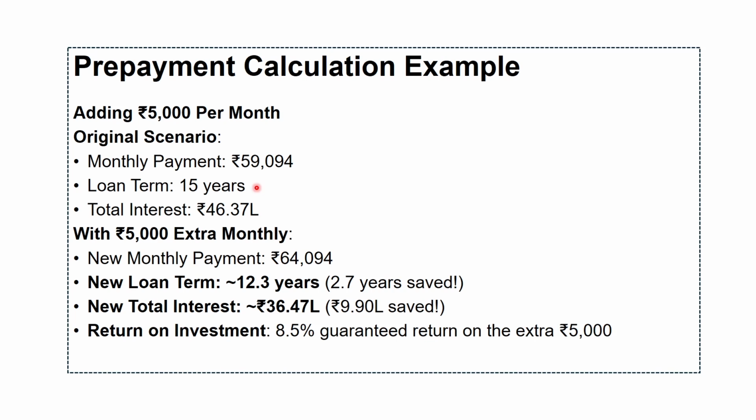For example, a Mumbai salaried professional prepaying 5,000 monthly achieves debt freedom faster. This saving is equivalent to earning 10 lakh tax free over 12 years, right?